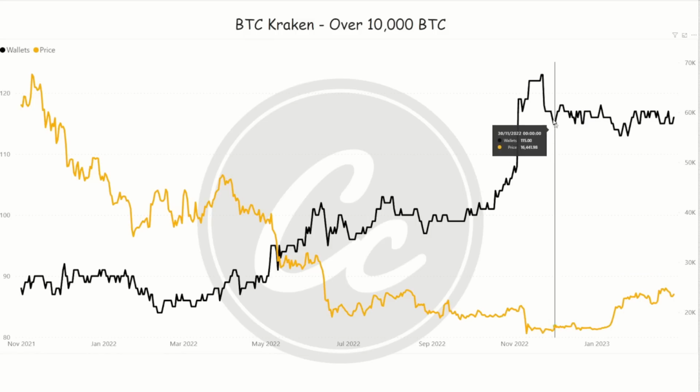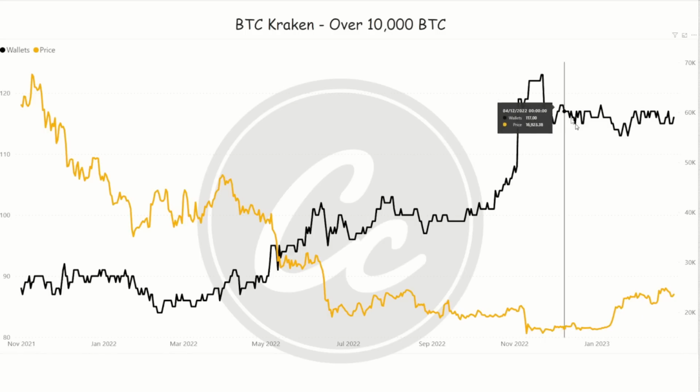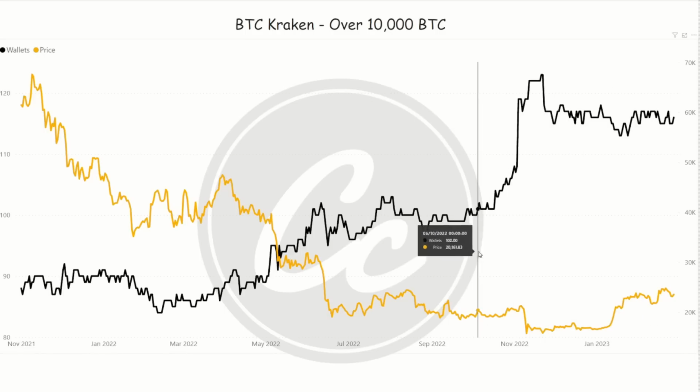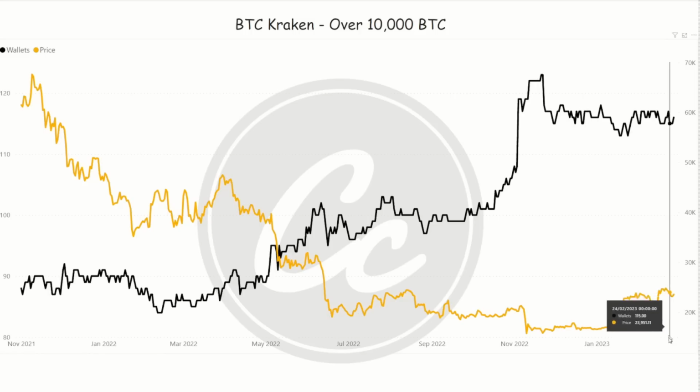So again, we'd think about that logically. We'd say, okay, well, why sell unless you thought that the bottom wasn't in? However, the Kraken-sized wallet, as I said, doesn't operate under the same guise that you would think of as a retail investor or an institutional level investor. They are manipulating the market and hunting for liquidity, in my opinion.